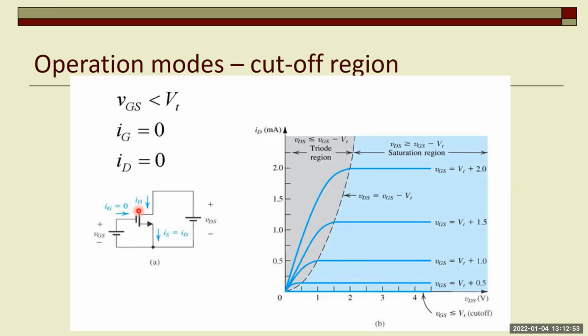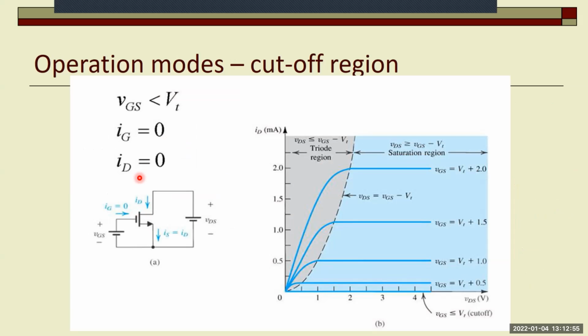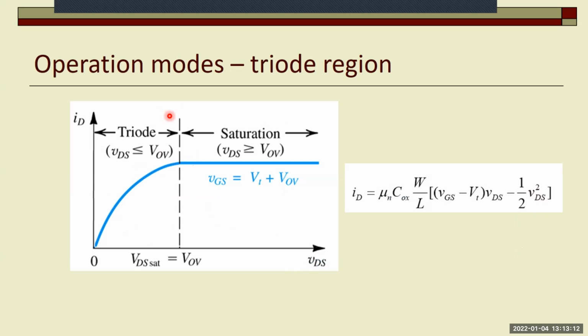One, cutoff, and there is no drain current. Of course, there is never a gate current. And the cutoff region is when VGS is less than VT. That means no channel is created. Then we have the triode region, where the MOS behaves like a resistor.